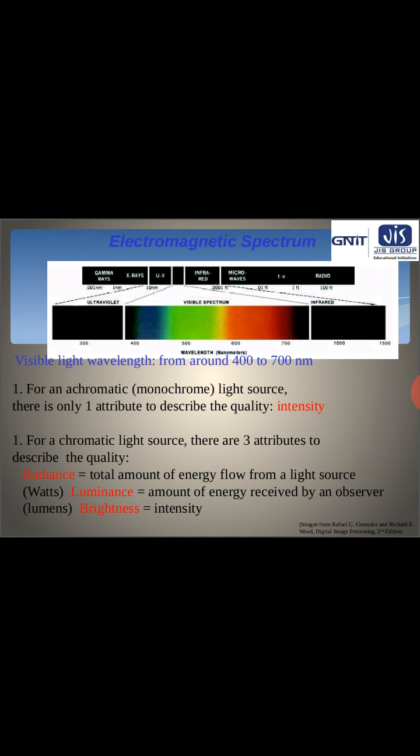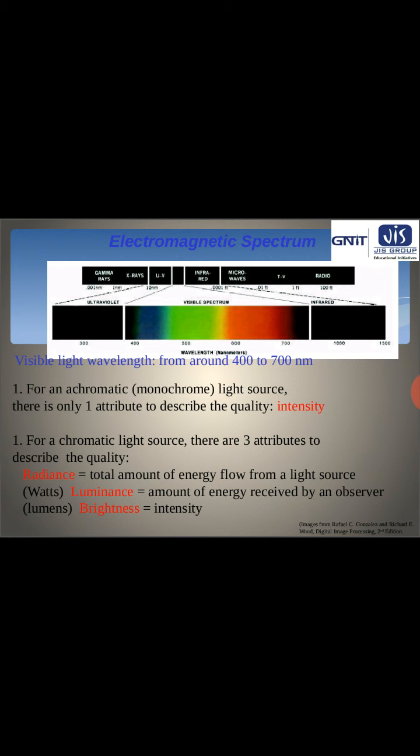For a monochrome light source there is only one attribute to describe the quality, which is known as intensity. But for a chromatic light source, there are three attributes to describe the quality. One is radiance, which is the total amount of energy flow from a light source.